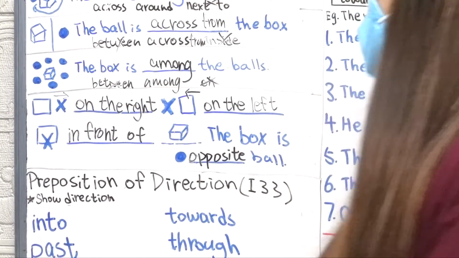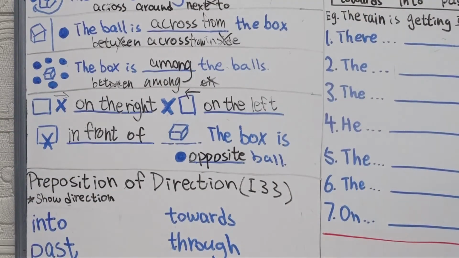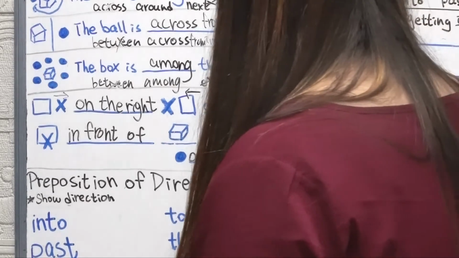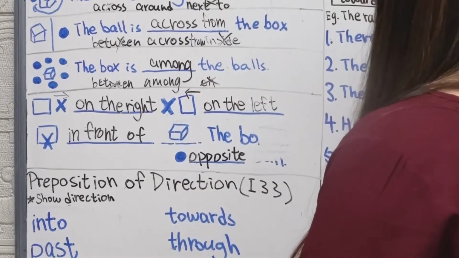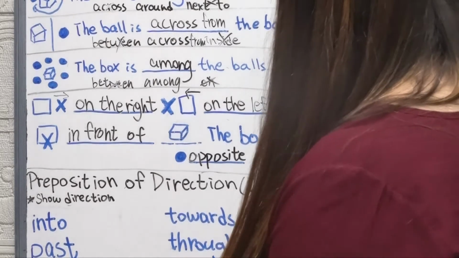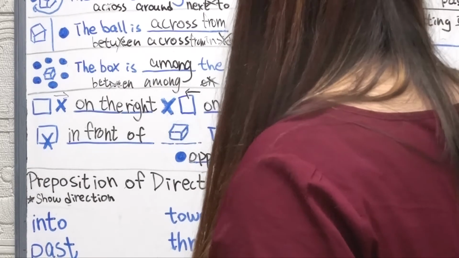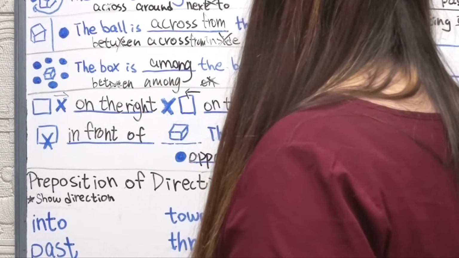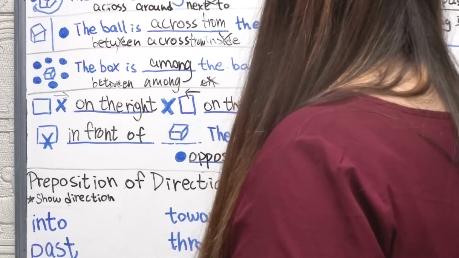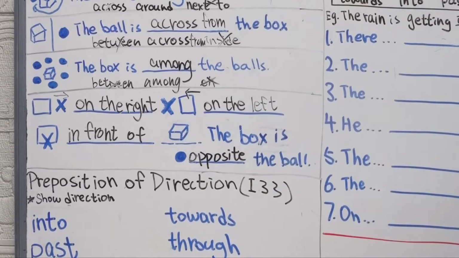The box is opposite the ball. Alright, let me write it. So the answer here is the box is opposite the ball. That's the correct preposition. Okay, so that's all for preposition of location.